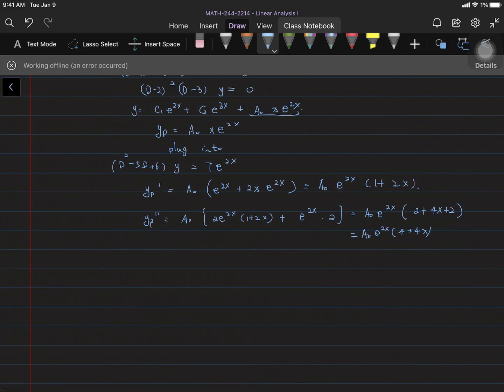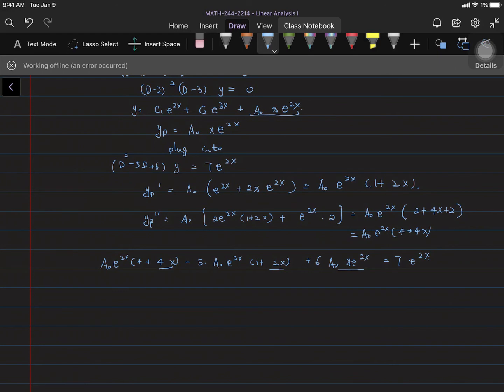And plug them into the differential equation. So which is a naught e to the 2x, 4 plus 4x, minus 5 times the first derivative, a naught e to the 2x, 1 plus 2x, and plus 6 a naught x e to the 2x, which equals 7 e to the 2x. So we can take a look at the x term. 4 minus 10, negative 6, and plus 6 definitely cancels.